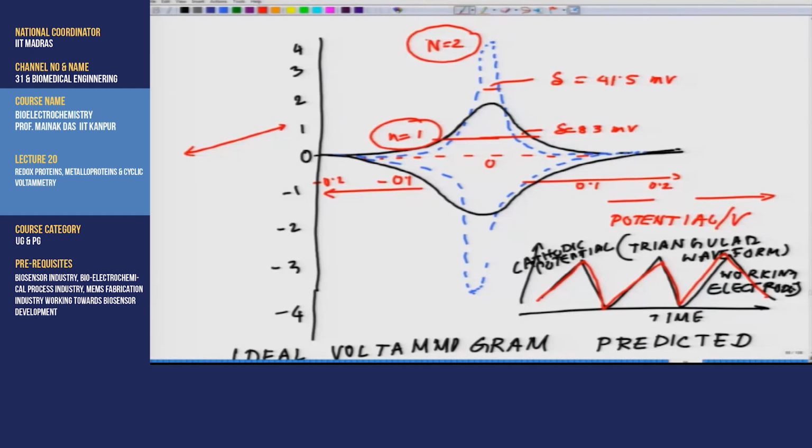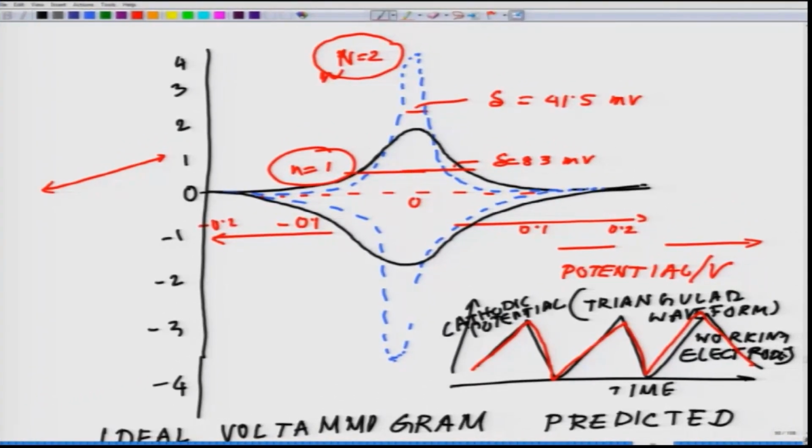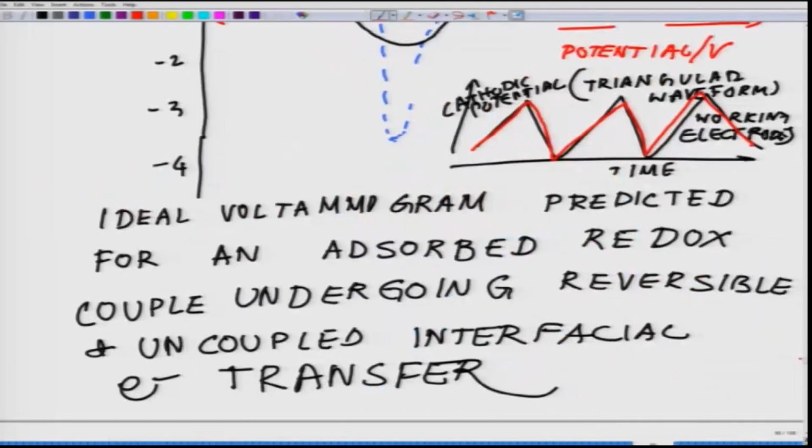This n here should actually be a small n. n represents the number of electrons, and the width tells you the voltage. Okay. So you are cycling your analyte. This is essentially an ideal voltammogram predicted for an adsorbed redox couple. Here the redox couple is your protein.